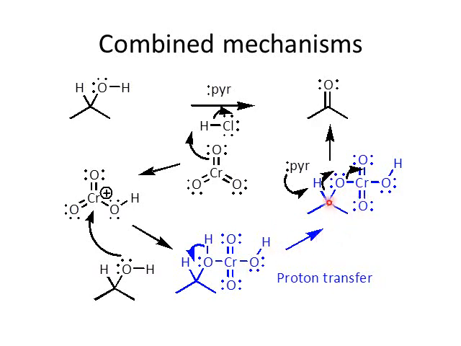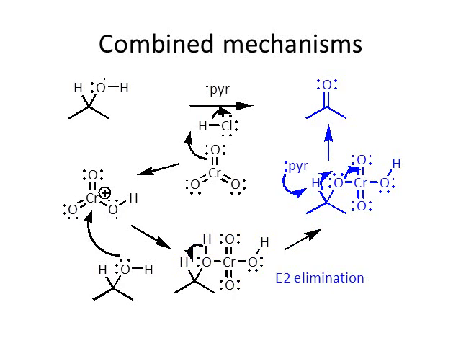And then what about this last step? Kind of the key step, the irreversible step, it turns out, is pyridine acts as a base. It comes along, it grabs this hydrogen, electrons get shared between carbon and oxygen, and an oxygen-chromium bond is broken. You know what? Just an E2 elimination. This is just the leaving group.